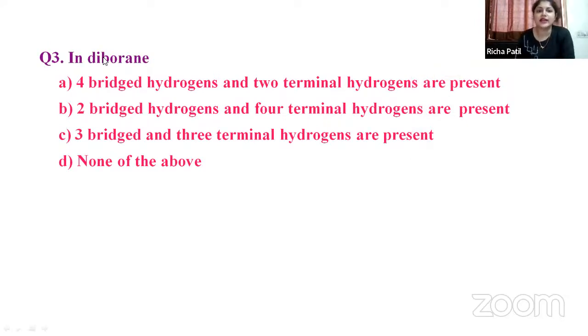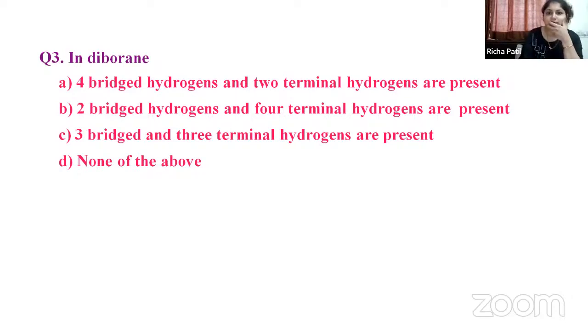In diborane, what is the correct statement according to the structure? What does it have?